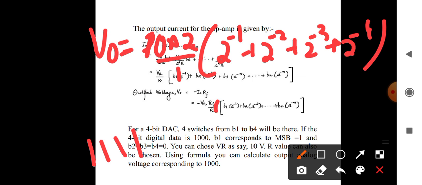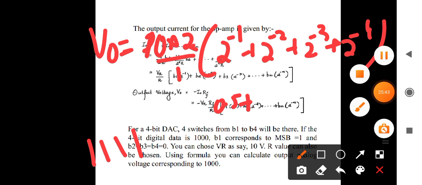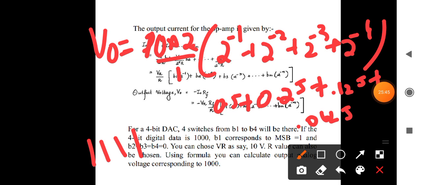So that is 0.5 plus and so on; if you calculate, you will be getting V output equal to 18.75 as the output voltage.